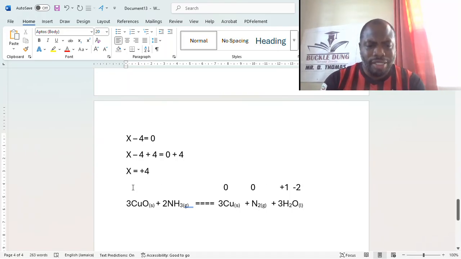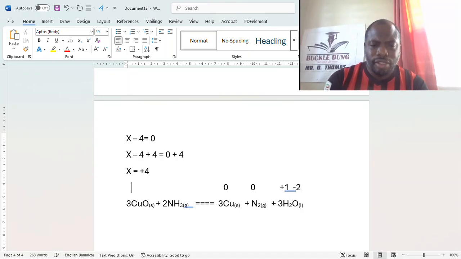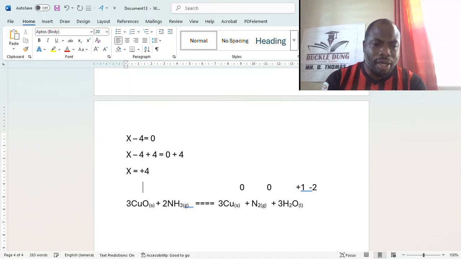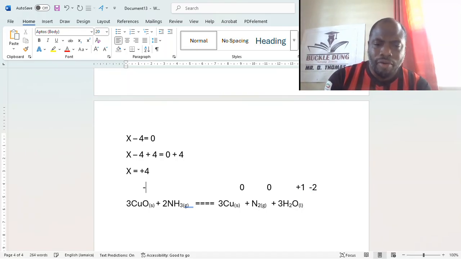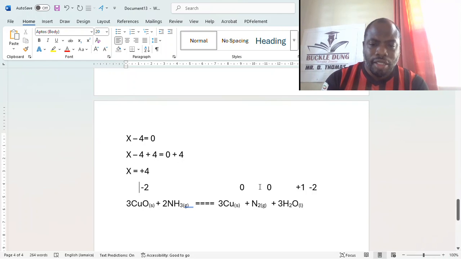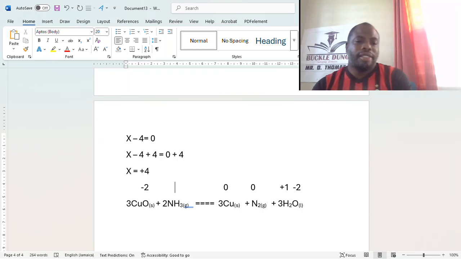So we can jump back over this side. We want to know the copper. Again, we know that oxygen is a negative 2.